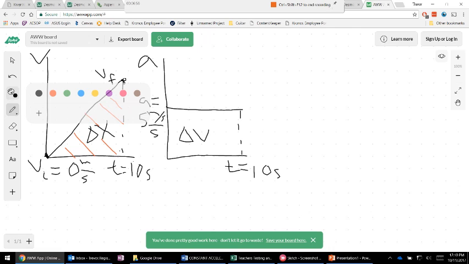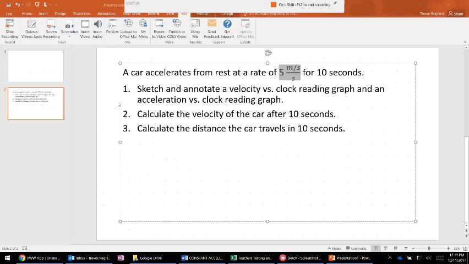I'm going to shade that in as well, let's get green, to show that the area here, which is a rectangle, would give you the change in velocity. So now the graphs are all set up and annotated, and we can actually start thinking about how to make these calculations.